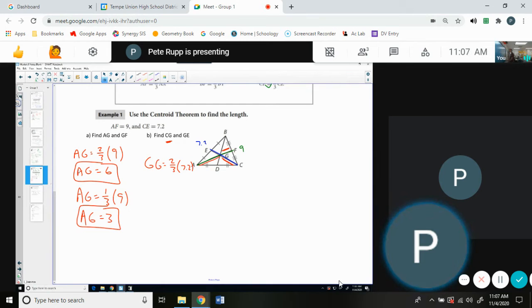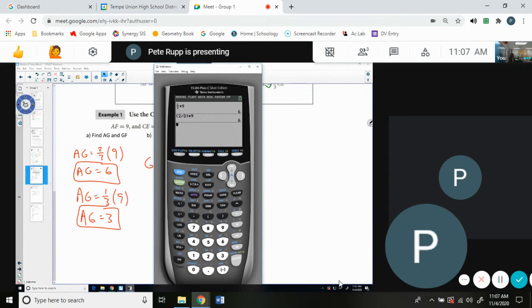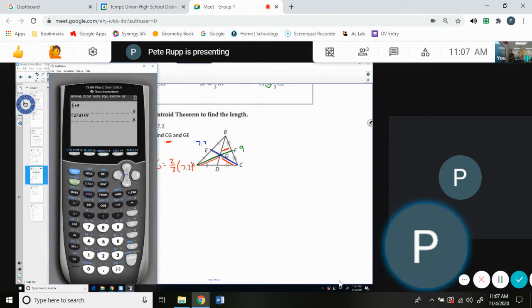That one we're definitely going to want to do on a calculator. So here we go. We've got 2/3 times 7.2, and that's 4.8.